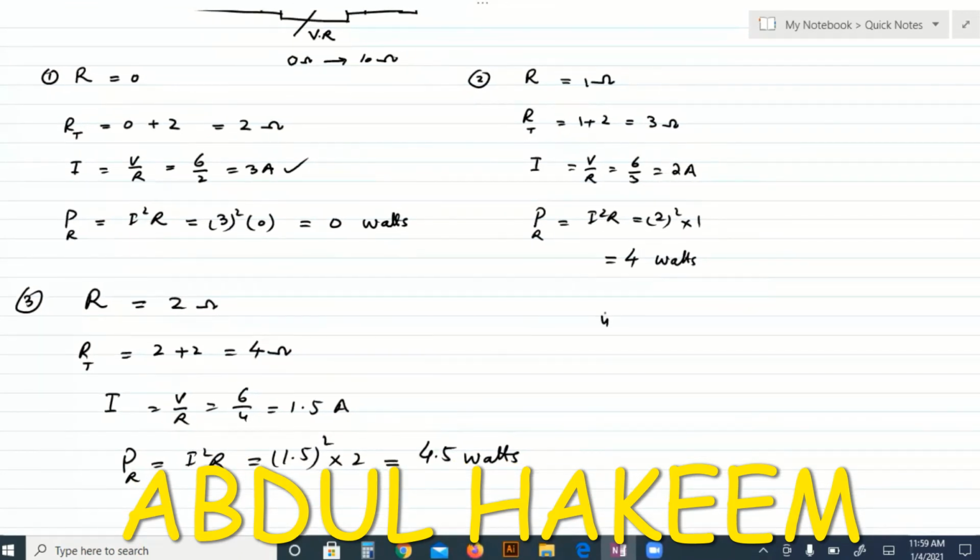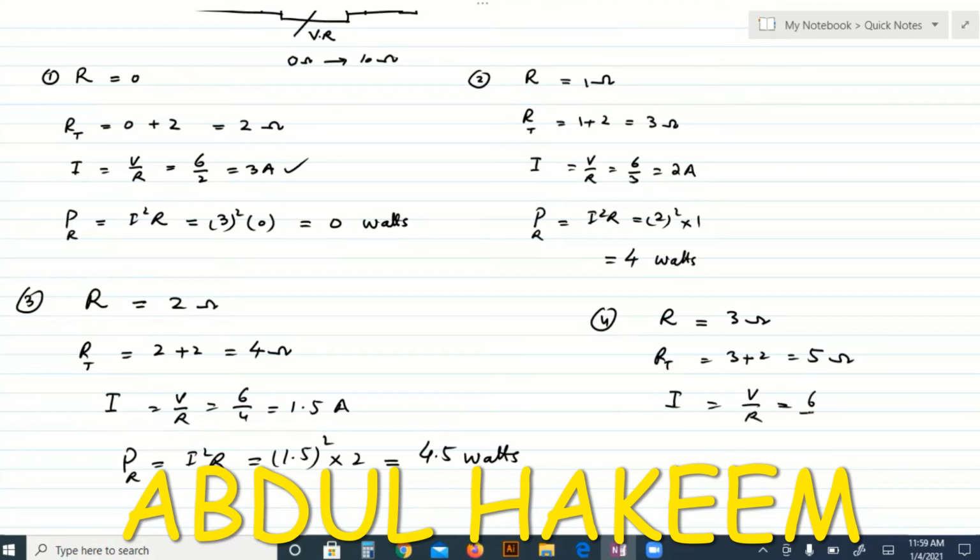Now, number 4, if the external resistance is set at 3 ohm, then the total becomes 3 external, 2 internal, 5 ohm resistance. Now, current I is equal to V by R, 6 divided by 5.